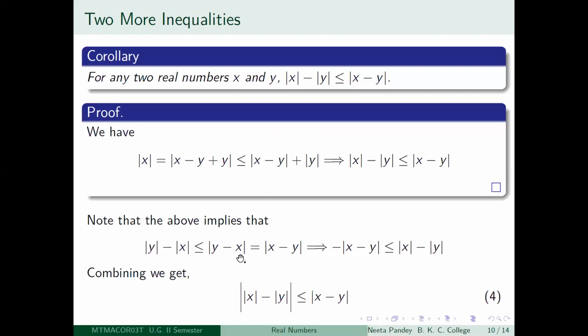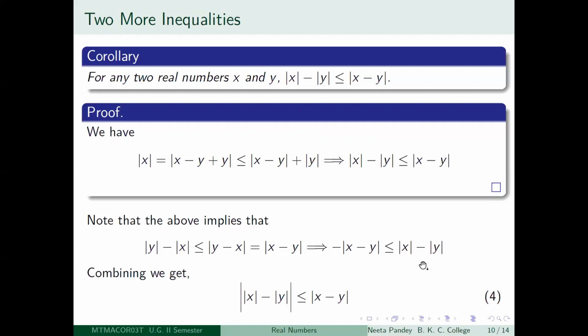So therefore mod y minus x is equal to mod x minus y. So what are you getting? You are getting mod of y minus mod x is less than or equal to mod x minus y. So just multiply by minus 1. The inequality will change. What do you get? Minus of mod x minus y less than or equal to mod x minus mod y.